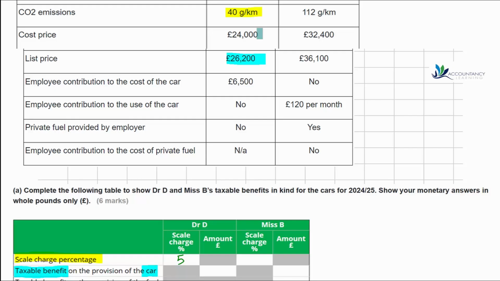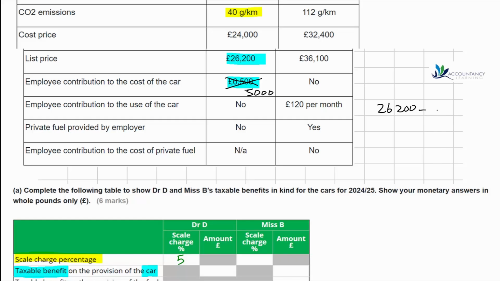In this case, we see that the employee has made a contribution to the cost of the car. So they've actually paid some money up front to have the car. But we need to be careful with this, because the contribution in terms of tax purposes is capped at £5,000. So we can see that we've got this list price of 26,200.